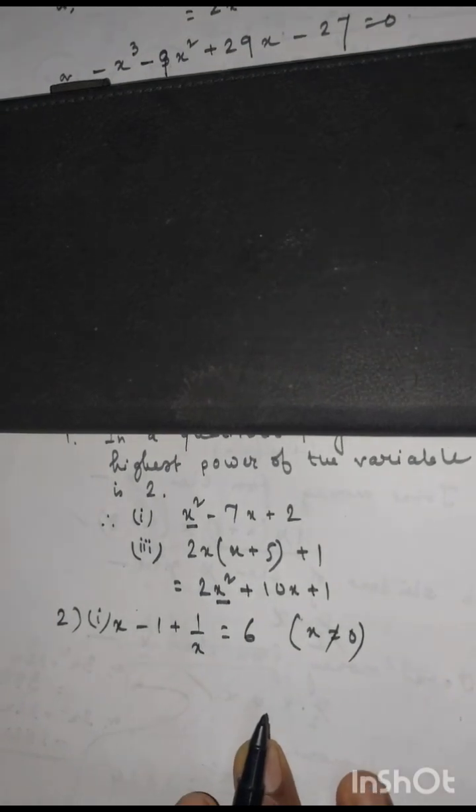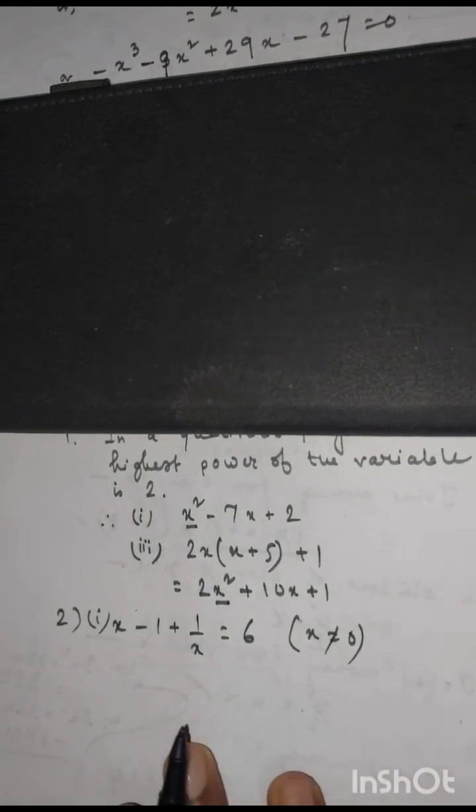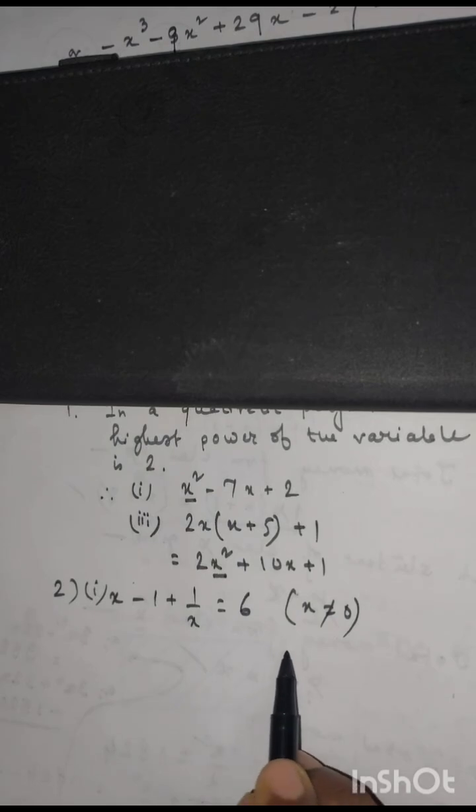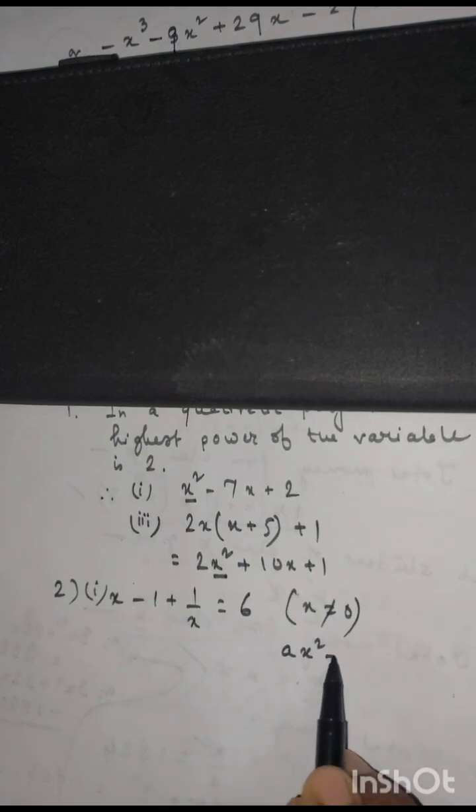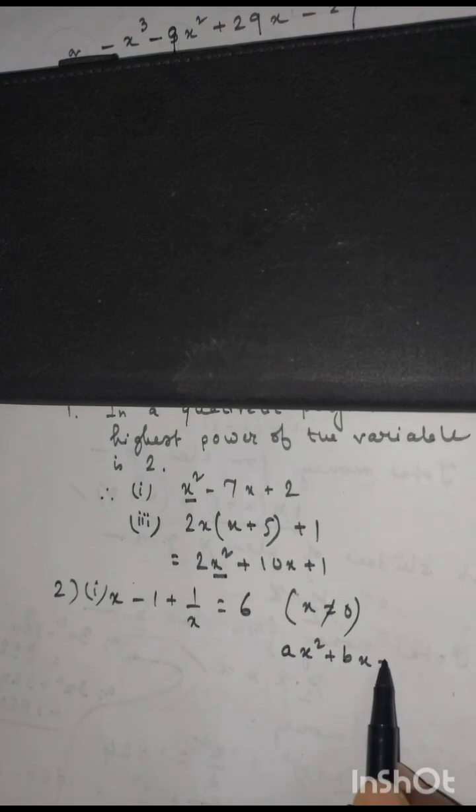Okay, let us try to convert it into our known form, ax square plus bx plus c equal to 0.